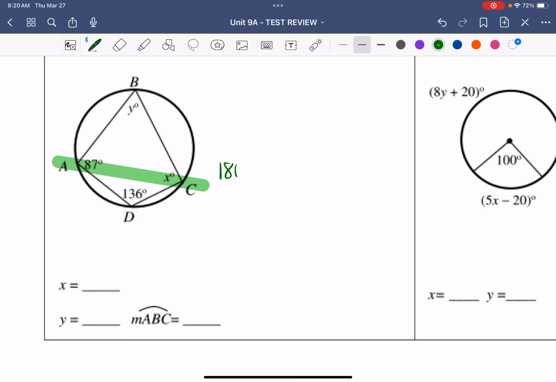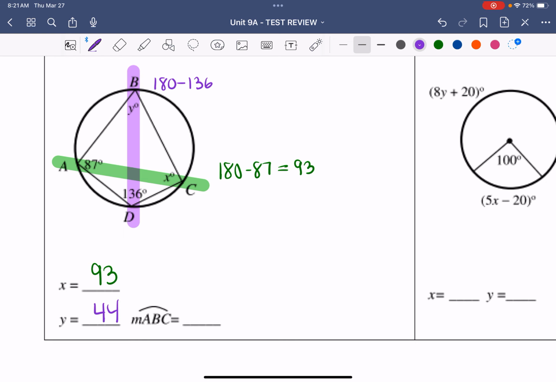So 180 minus 87 gives me 93. So x must be 93. Then to find y, it's up here. Again, opposite angles are supplementary. See how these are opposite from each other? So 180 minus 136 gives me 44.